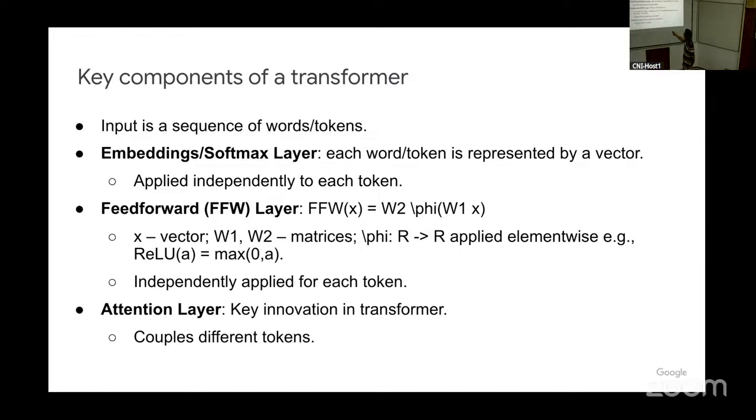And then when you multiply it with W2, you will basically pick only those particular columns of W2. So we can think of this as doing some kind of parametric nearest neighbors, where you are encoding keys and values in this parametric space.